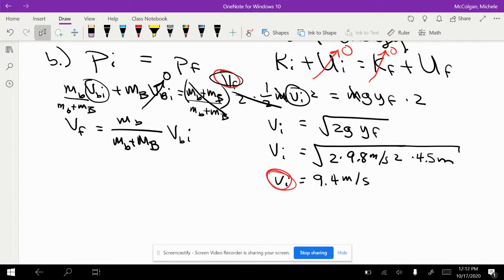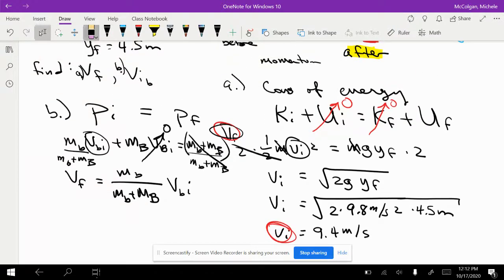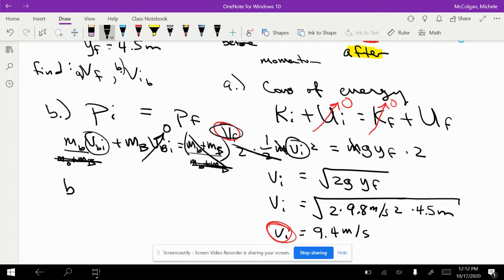Oh, I did the wrong thing there. I'm not looking for v final, I have that already. Let me erase that and scrap that. I'm just going to rewrite it.